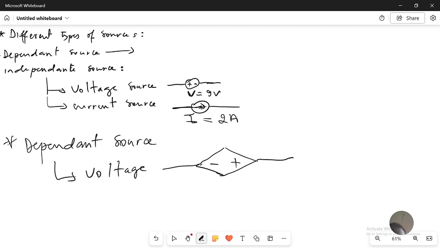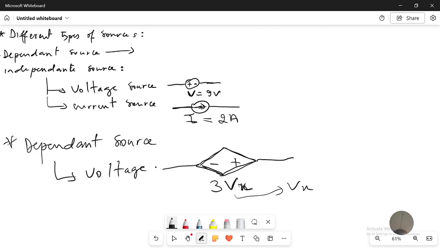If we see this notation, it means that it is a dependent source. This can be a voltage dependent voltage source. Let's say for example, we have 3Vx. 3Vx means that the voltage of this source is 3Vx, because it depends on a parameter Vx, so we call it a dependent source.